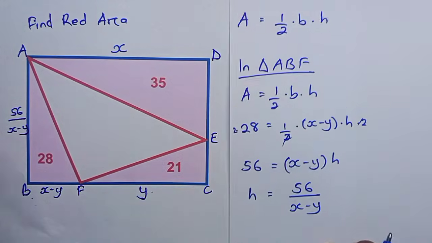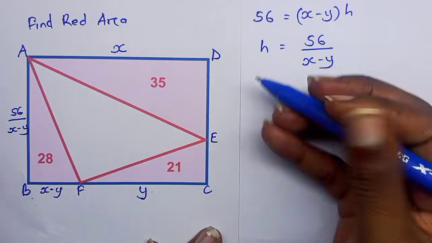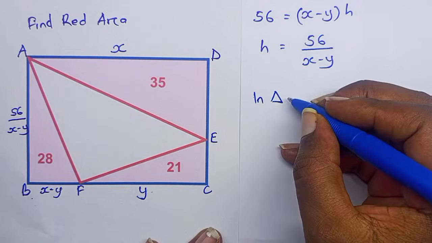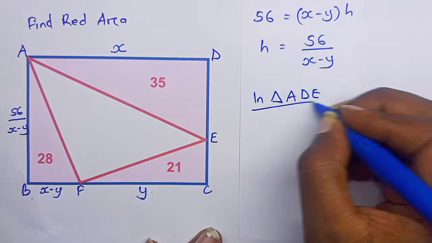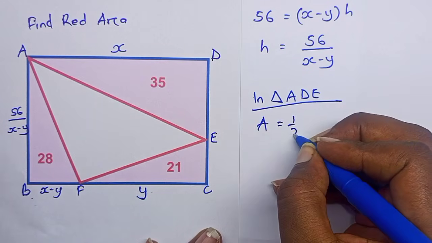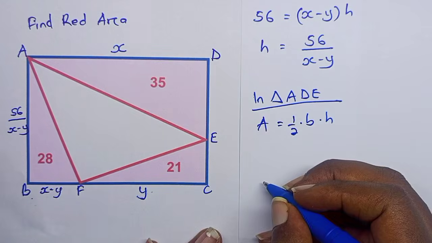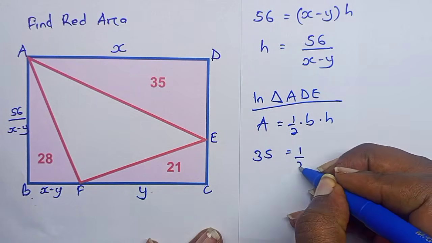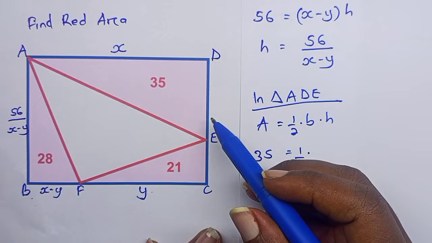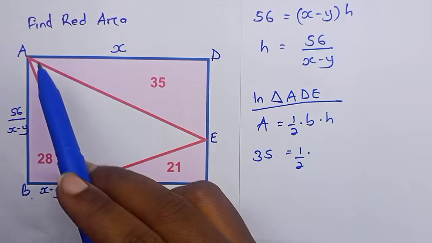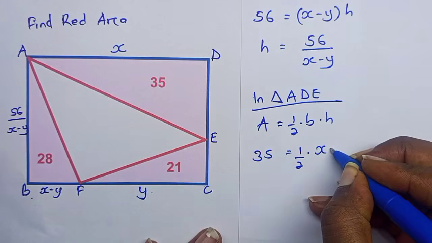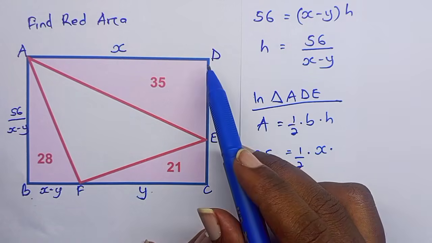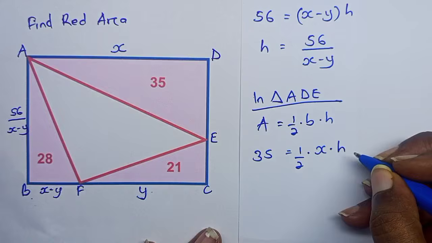Let's move on to this triangle here, triangle ADE. We know that area is a half times base times height, and we have been given its area as 35. So this is a half times its base, which is AD, which is x, and the height we don't know, so h.